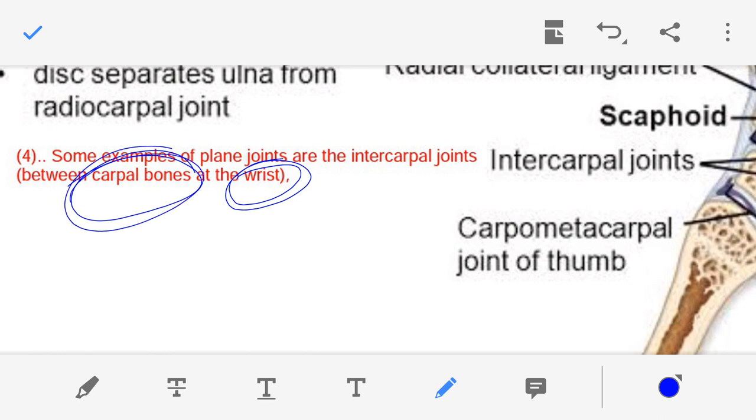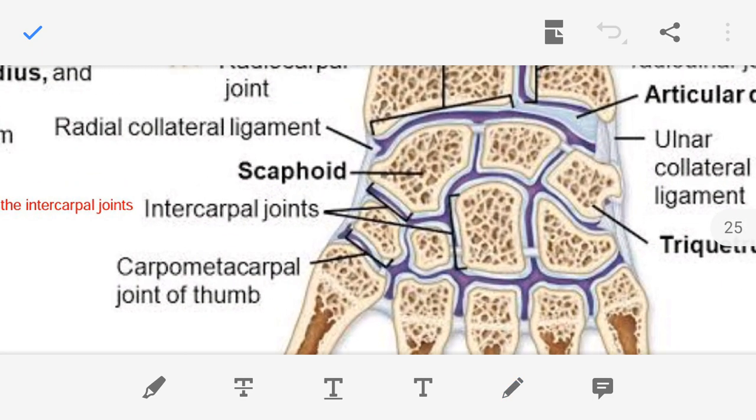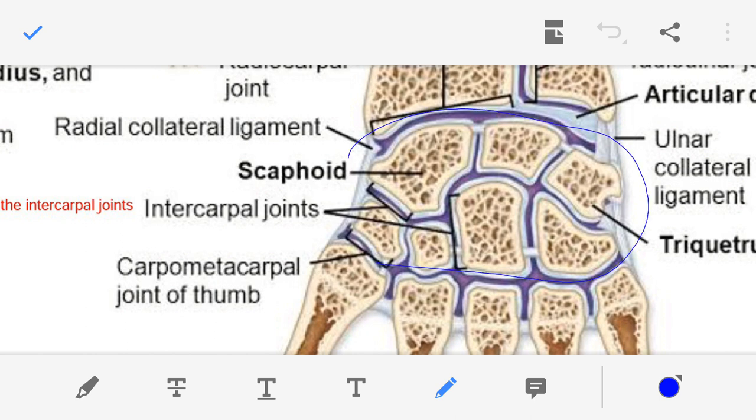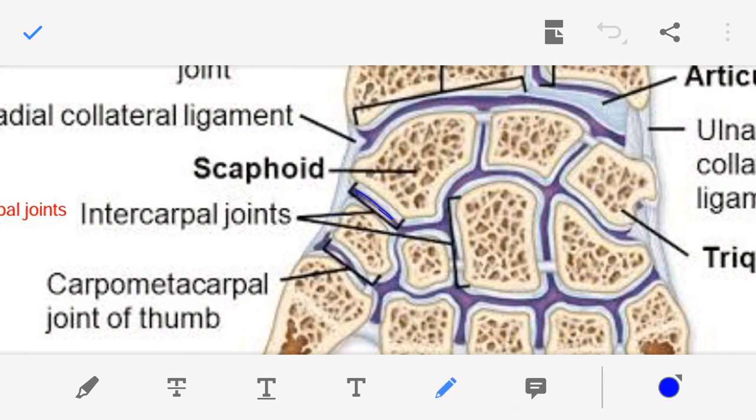The joint between the carpal bones is known as the intercarpal joint. For example, this is our wrist, and these are all carpals.